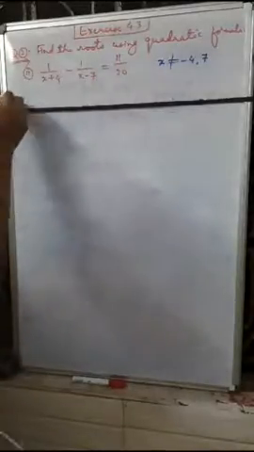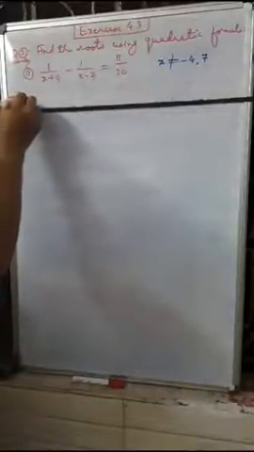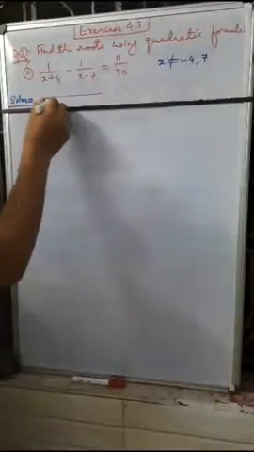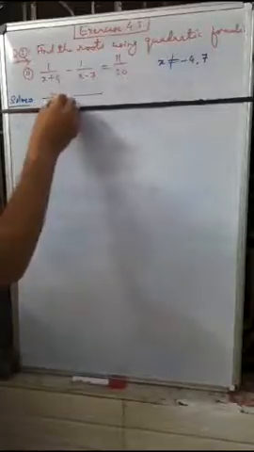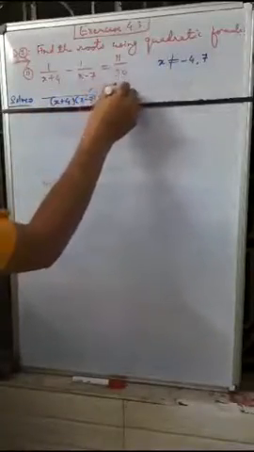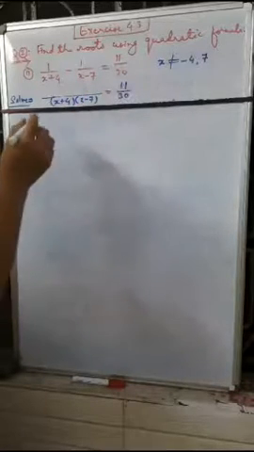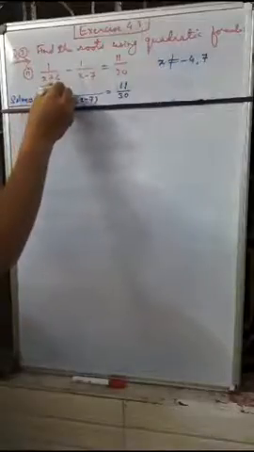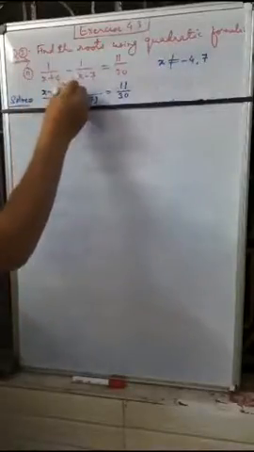So we will solve. How to solve? So first we will take LCM. So LCM, we can take LCM x plus 4 into x minus 7, and right hand side as it is the previous one. Now x minus 7 will be multiplied here, x minus 7 and minus x plus 4.